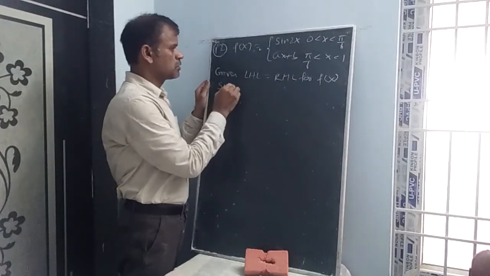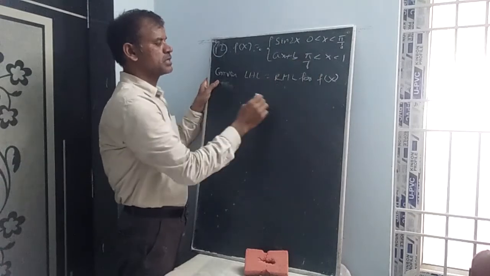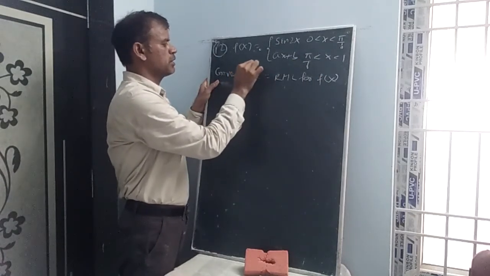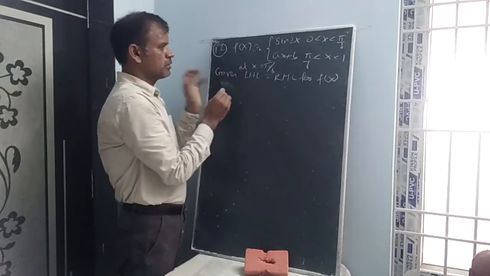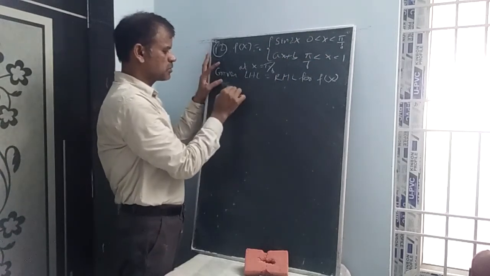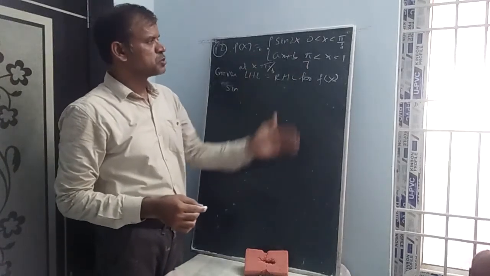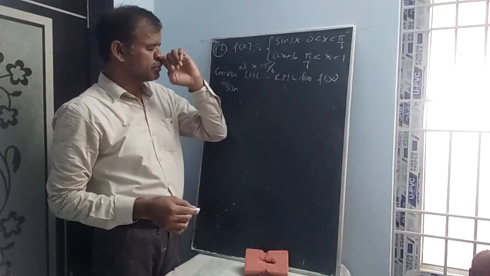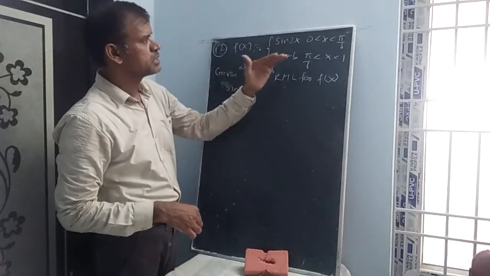For sin 2x, what is LHL meaning here? It is pi by 6 minus and pi by 6 plus. Only pi by 6 we should write, because pi by 6 is the deciding point.